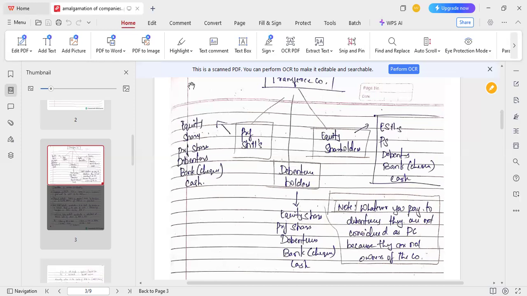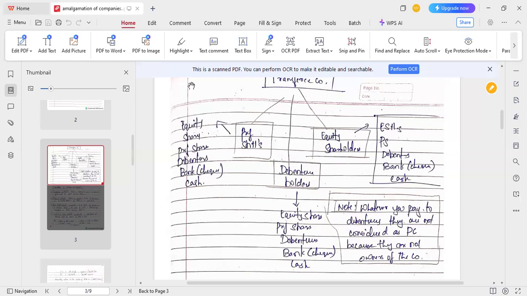Instagram is taken over by Facebook. So Facebook, the transferee, is giving to the transferor preference shares, equity shares, debentures, in the form of cash or in the form of cheque.